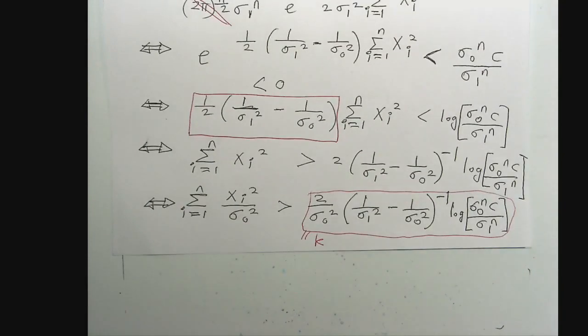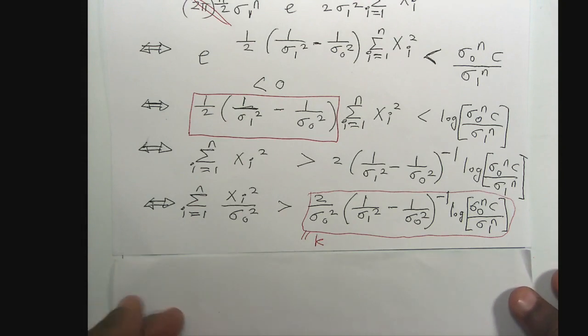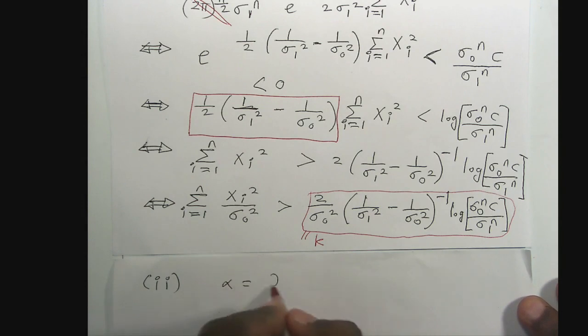Now part 2 of question 2 is asking you to find the value for K, right? And once again, you are given the value for alpha. Alpha, remember, is the type 1 error, the probability of type 1 error.